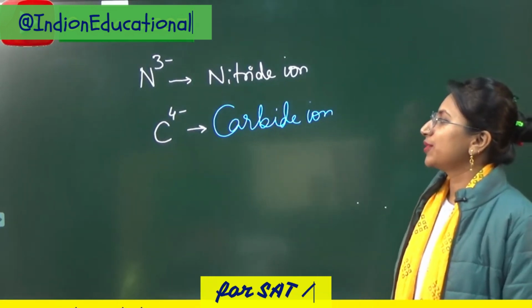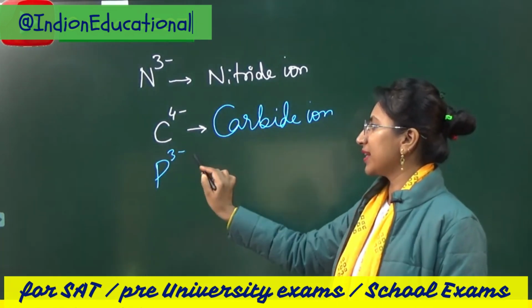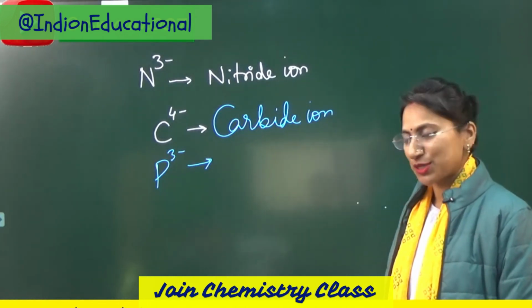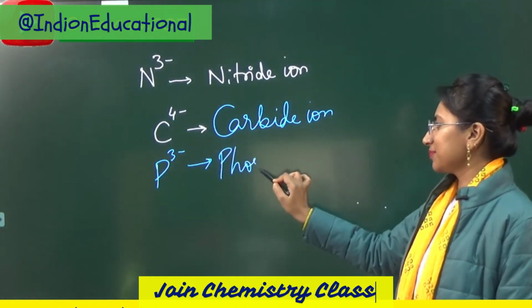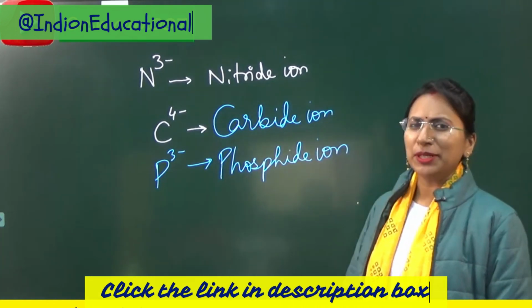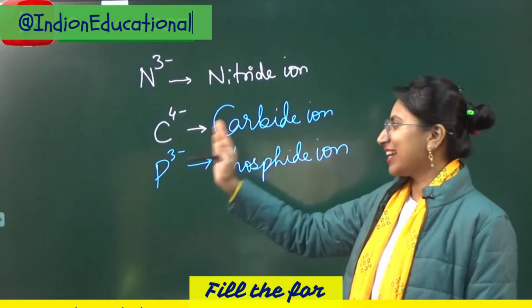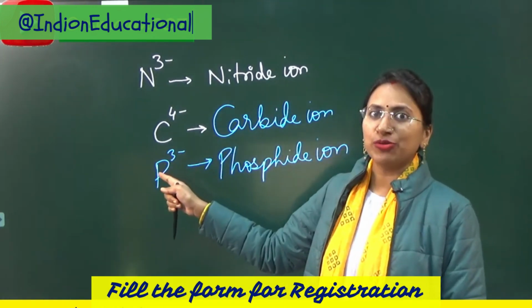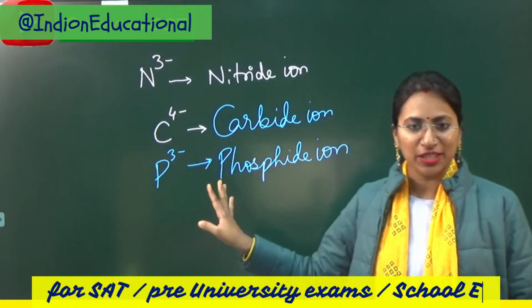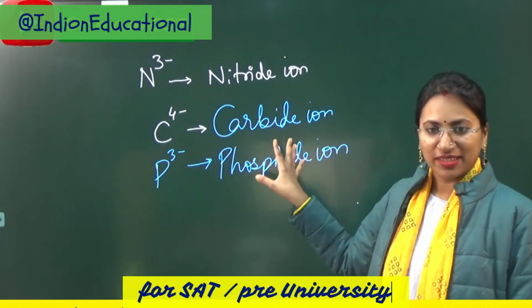Some more ions, P3 minus, what will be its name? Phosphide. Phosphide ion. I think now you are able to relate the name, the ion and the charges. You don't have to mug it up, like N3 minus, P3 minus. You can relate why it is like that.